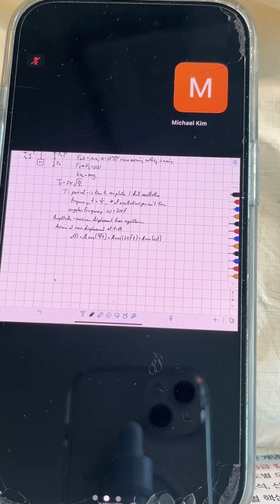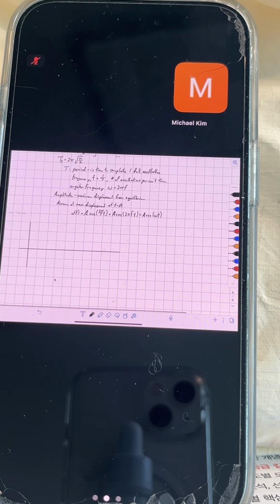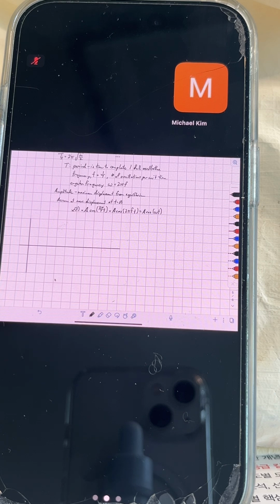And so if I'm looking at a graph like this, where this is x and this is t, then what we get is something that looks like this, where this is going to be my amplitude, this is minus the amplitude, and then this time here is the period, and then of course this thing would continue doing this.